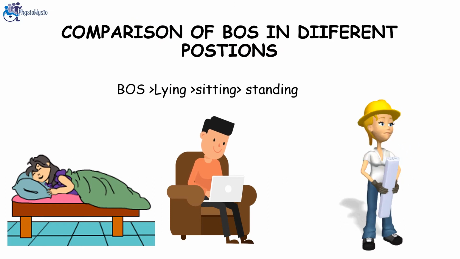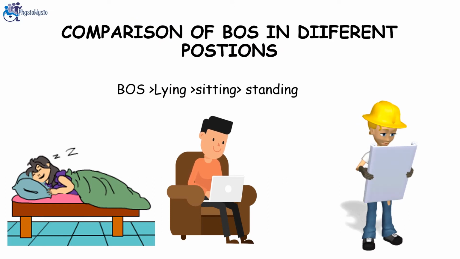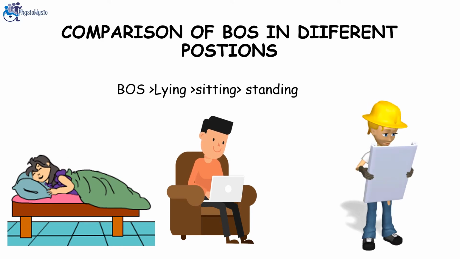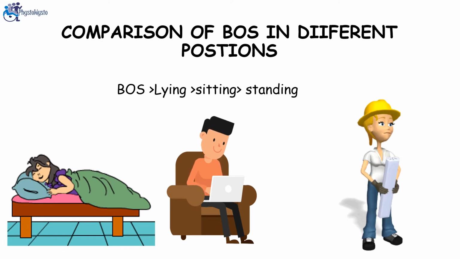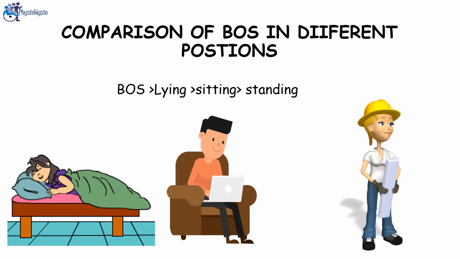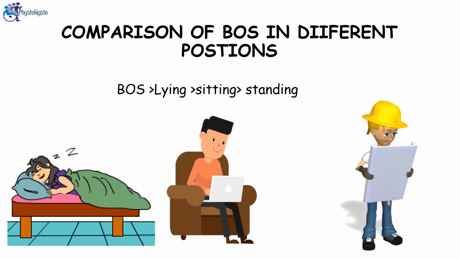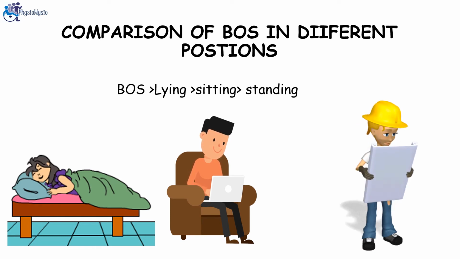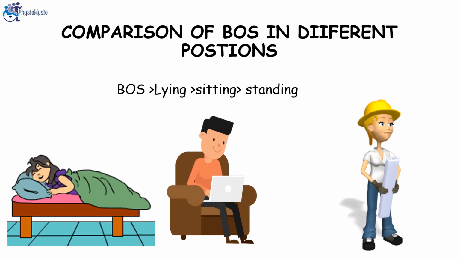If you look at all three positions, you will notice that the position of the center of gravity is high in standing position as compared to sitting and lying position. In sitting position, the center of gravity is located in a bit lower position, whereas in lying position it is located near the ground.